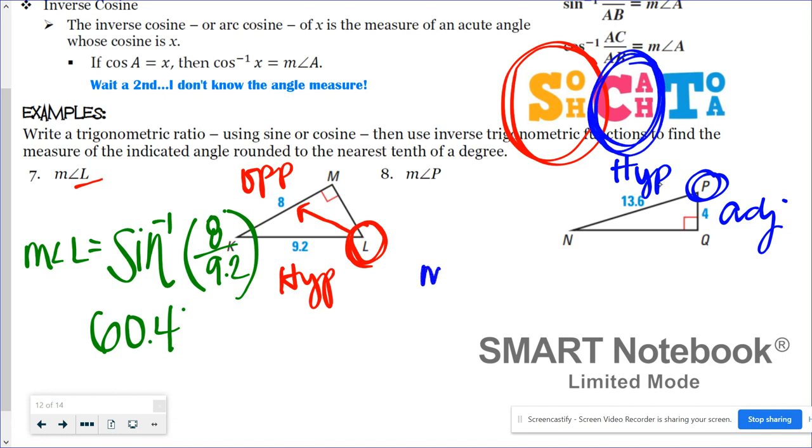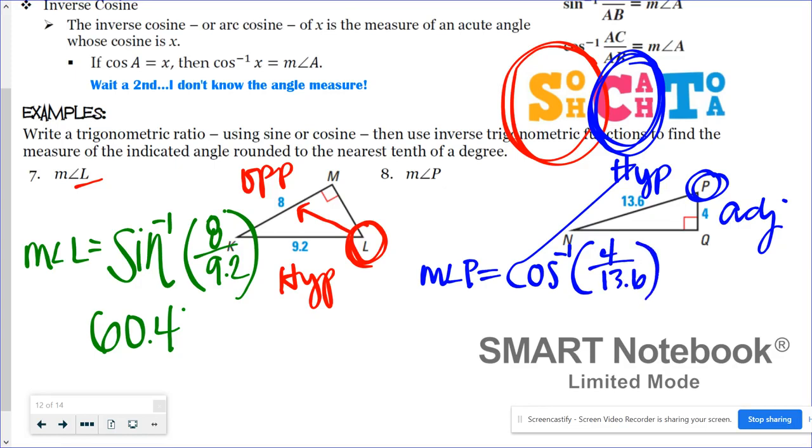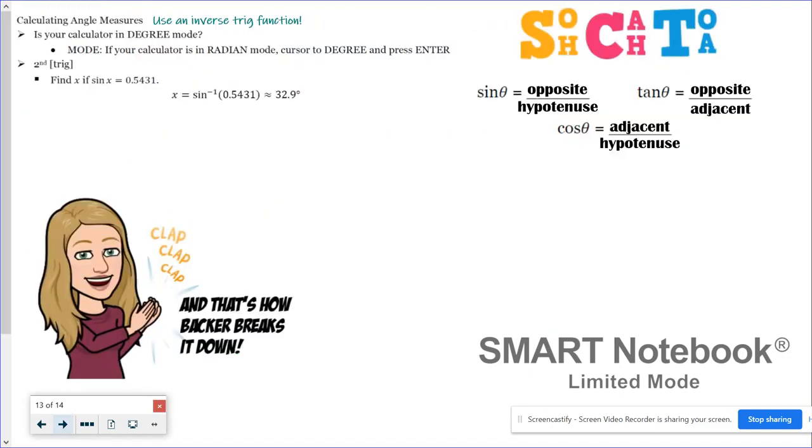So the measure of angle P is equal to the inverse cosine of the adjacent 4 divided by the hypotenuse of 13.6. So second cosine 4 over 13.6, what did you get? 72.9. Me too.